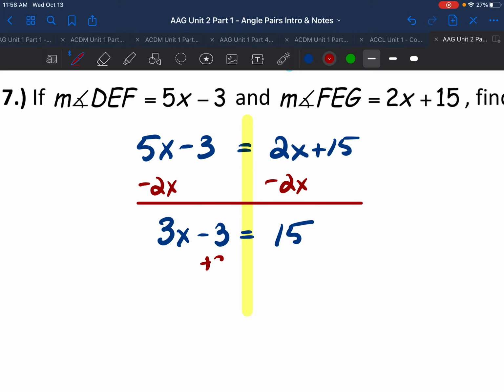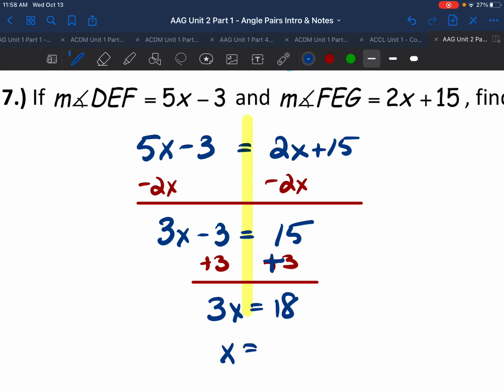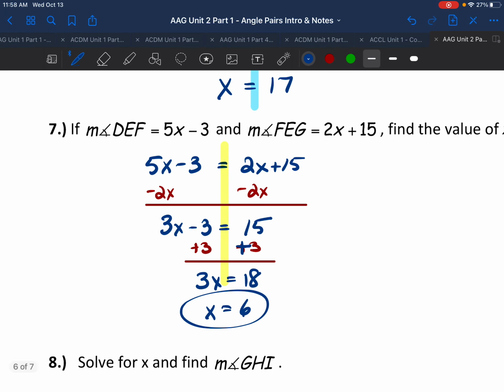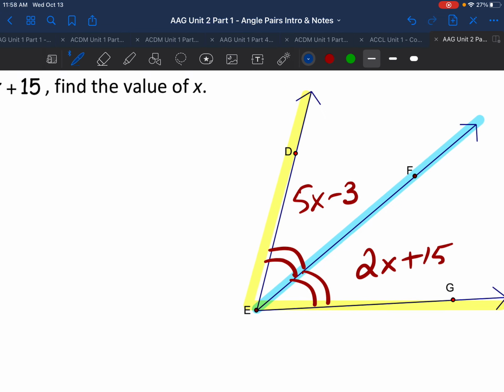Moving along, we're going to add 3, and that's going to give us 3x equals 12. Oh, excuse me, not 12. I'm not subtracting, I'm adding. That's going to give us 3x equals 18. And I'm just going to take a little shortcut. Dividing by 3 gives us 6. Now I'm going to test this, and I want to substitute 6 into both of my answers here.